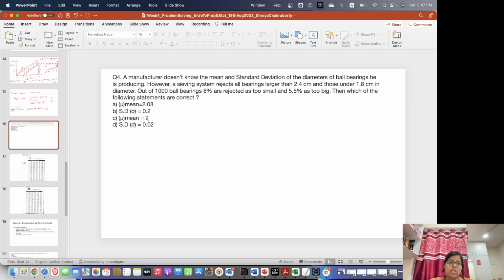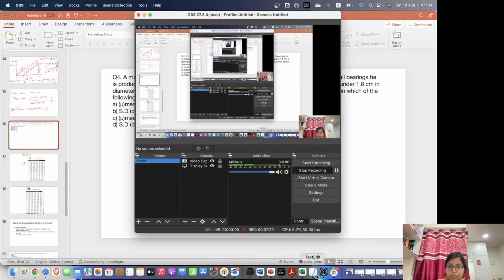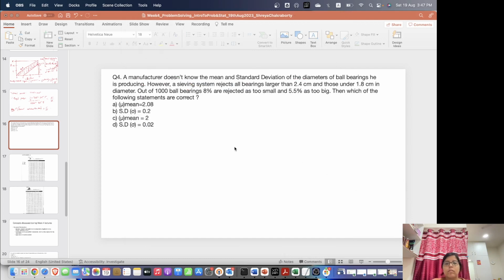So the question says that a manufacturer doesn't know the mean and standard deviation of the diameters of ball bearings he is producing. However, a sieving system rejects all bearings larger than 2.4 centimeters and those under 1.8 centimeter in diameter.